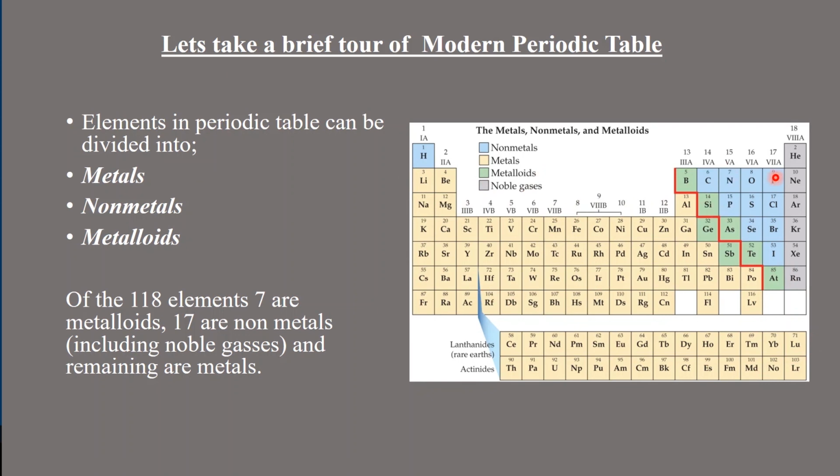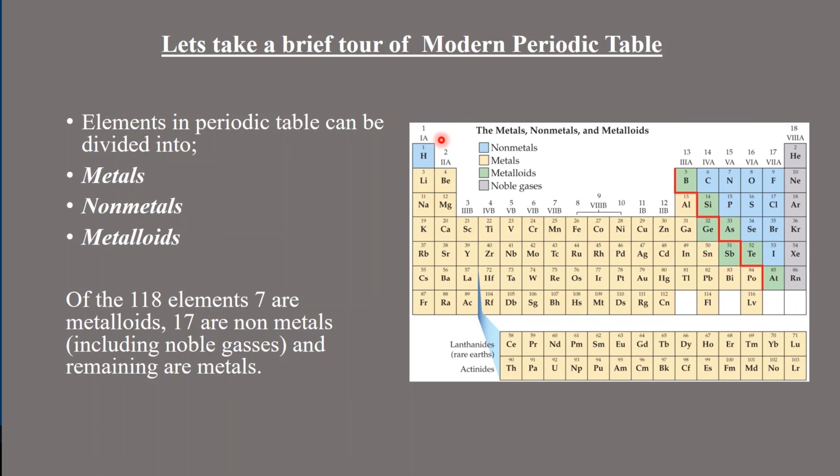Blue colored elements along with this violet, they are nonmetals. In between nonmetals and metals, there are metalloids. This red stair step line that starts at boron separates the metals from nonmetals. The elements bordering this line, except aluminum and polonium, are all metalloids.